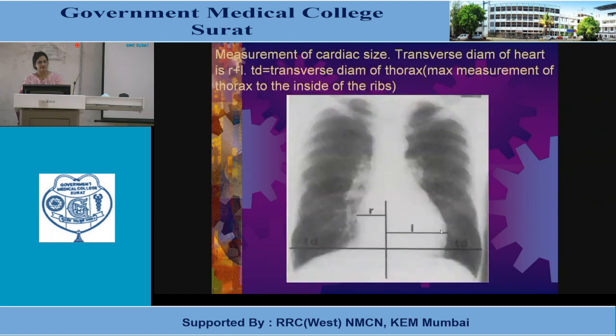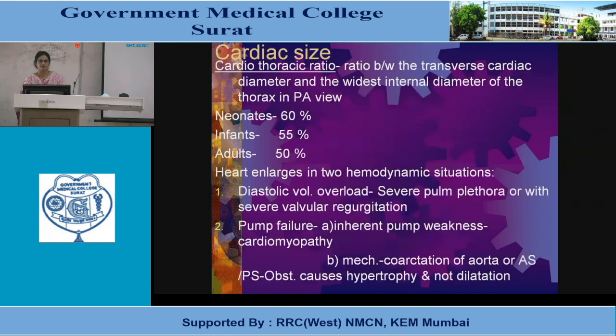Again, on the left side, the maximum dimension is measured by a ruler. Now you add both of these, right plus left, and then you divide this by the transverse diameter, which is the maximum measurement of the thorax from inside of the ribs. So R plus L divided by the transverse diameter will give you the ratio. As I have already told you, it is 60%, 55% and 50%. More than this means there is cardiomegaly.